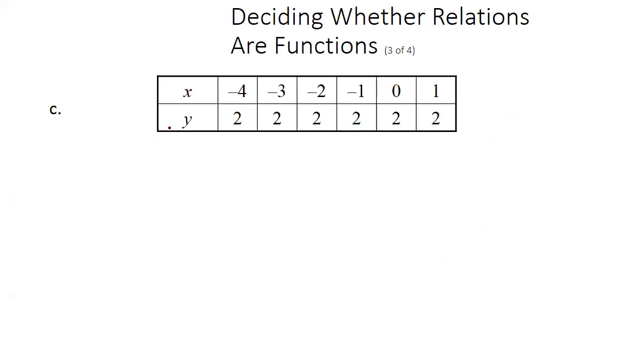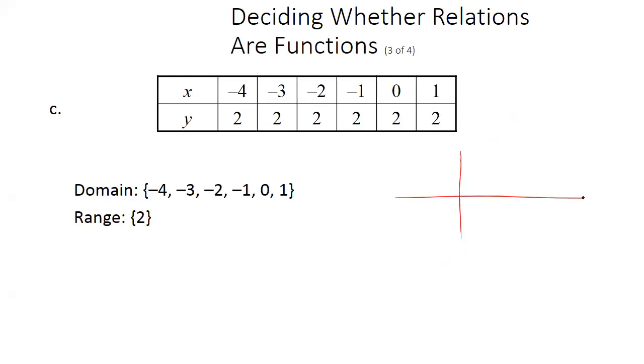So let's take a look at this one here. We have ordered pairs x and y. So the domain would be those numbers, -4, -3, -2, -1, 0, 1. And then the range would be that. Is this a function? Yeah, because if I go ahead and graph these ordered pairs on my line, -4 and 2. This is 1, 2, 3, 4. This is -4, and this is 2. That would be 1 point right there. Okay. Next one, this is -4 and 2.